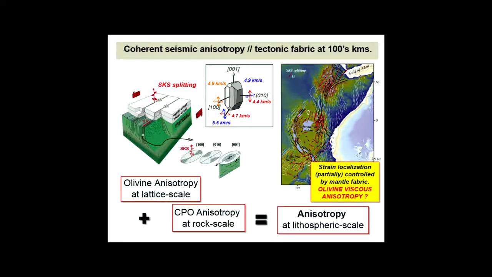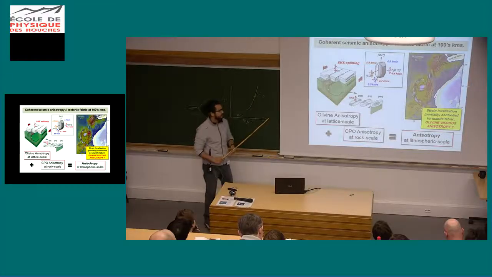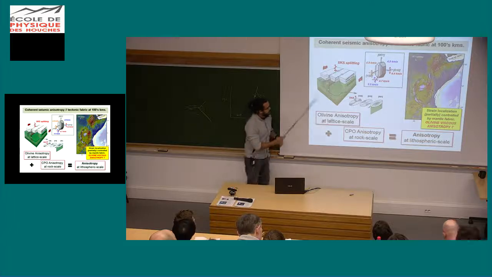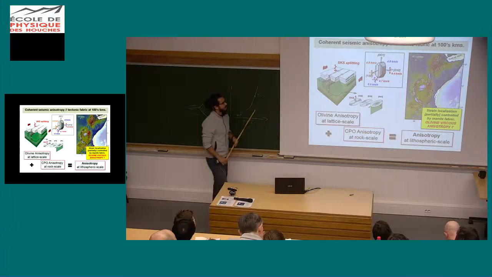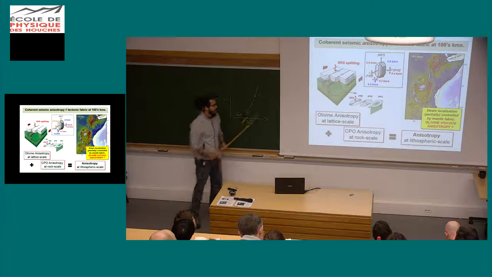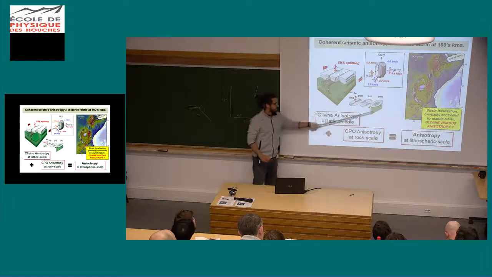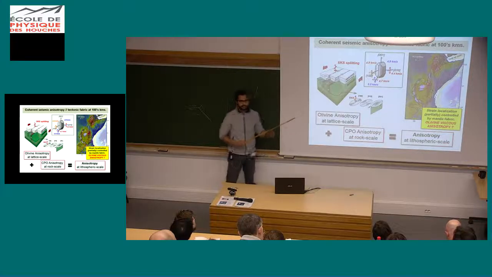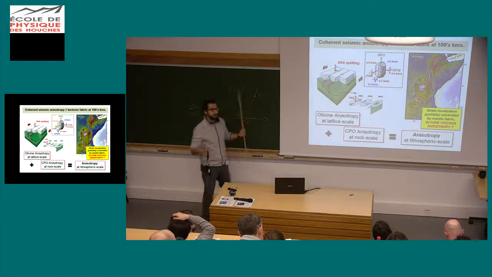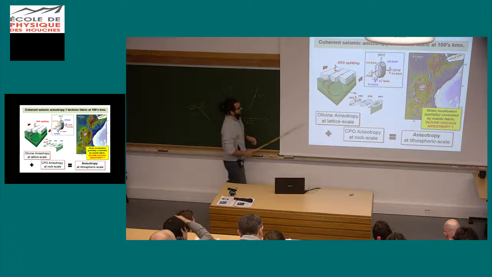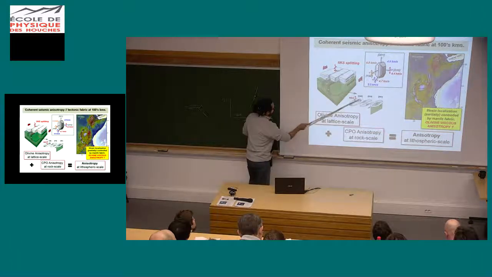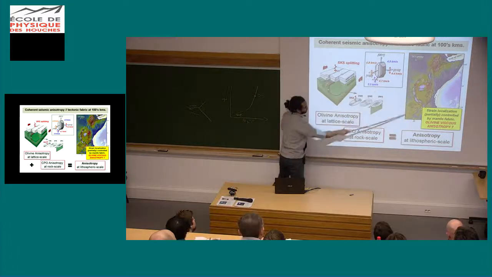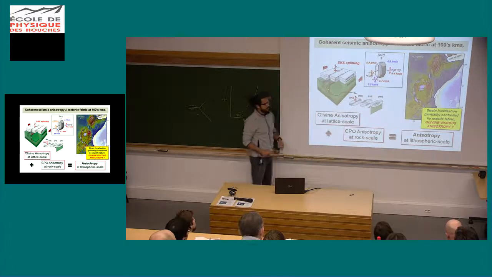This correlation between CPO, crystallographic preferred orientation, and strain localization can be nicely imaged by seismic anisotropy measurements. We use seismic anisotropy measurements in intraplate domains basically to map fossil fabric in the upper mantle. So here, for example, we have the [100] axis of olivine, which is parallel to the tectonic fabric at really large scales.